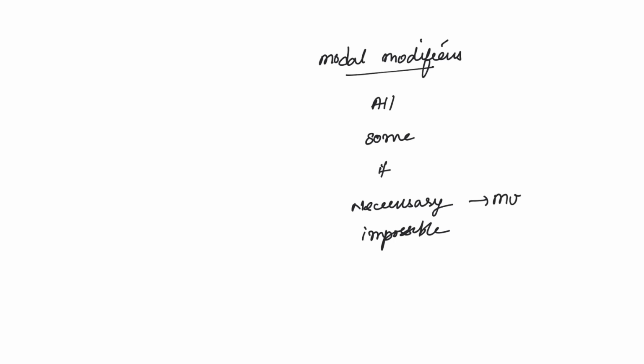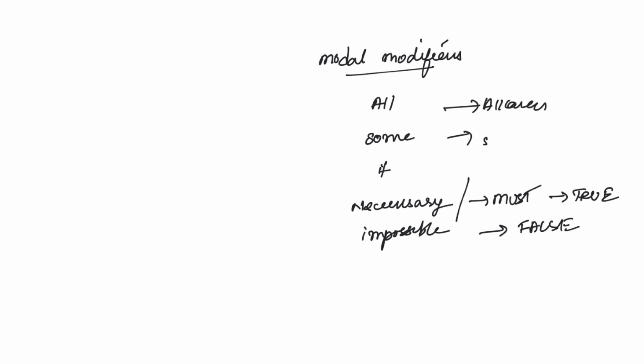Let's take a look at the remaining two. We talked about all, we talked about some, we talked about if. Let's take a look at the other two, necessary and impossible. Necessary means that it must happen. It can also be said as must, and it's obviously labeled as true in most cases. Impossible means it's not possible. It's definitely not possible. It must be false. So this is all cases.